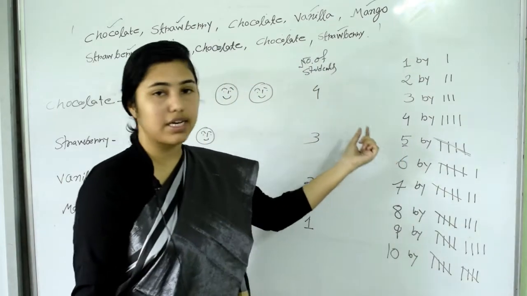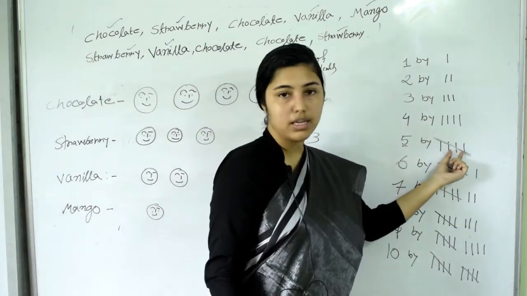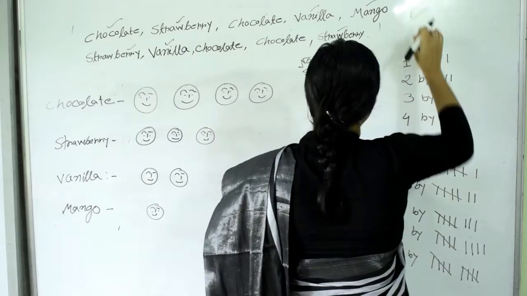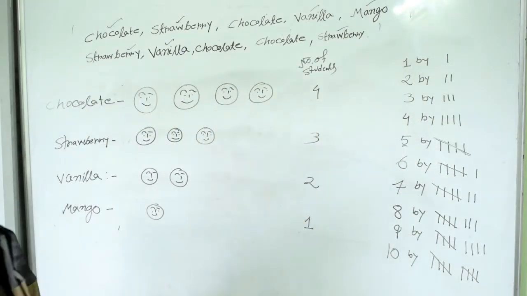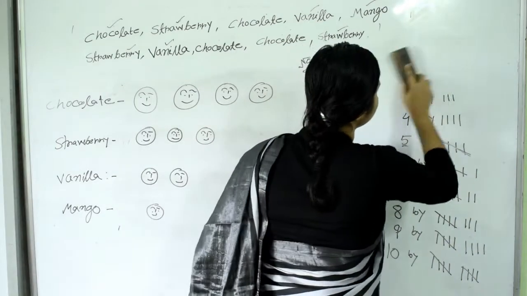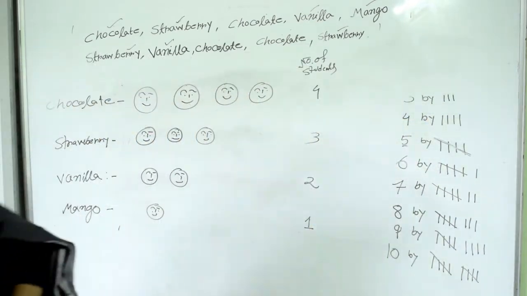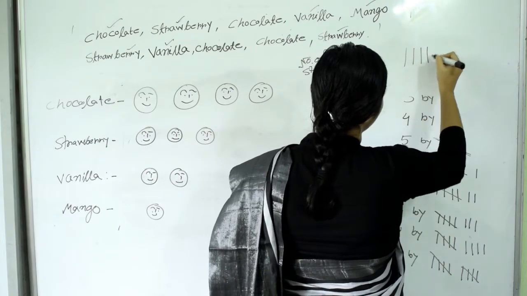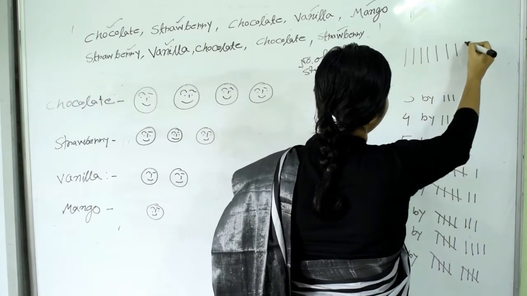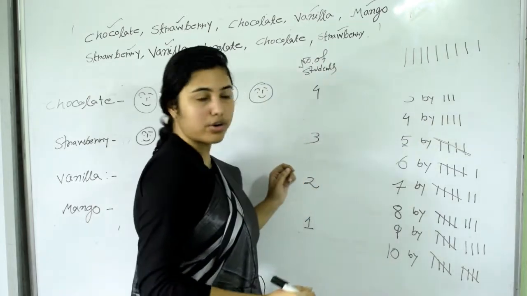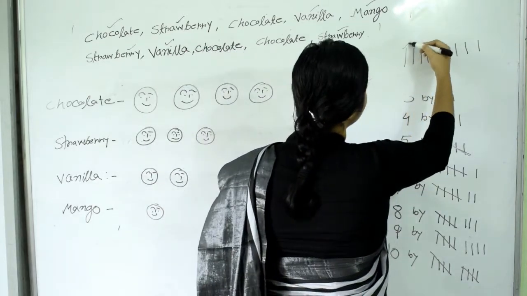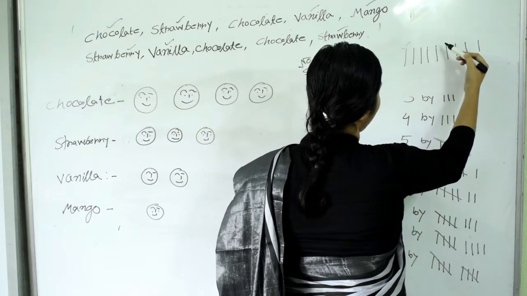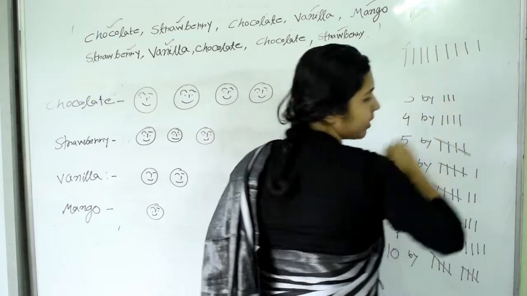So why do we represent number 5 like this? Because if we represent these bars as 1, 2, 3, 4, 5, 6, 7, 8, 9, then we have to count like 1, 2, 3, 4, 5, 6, 7, 8, 9.